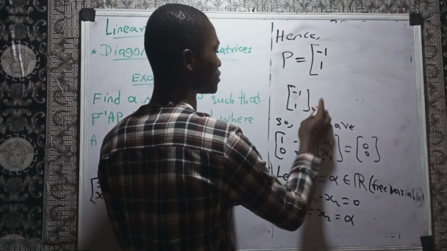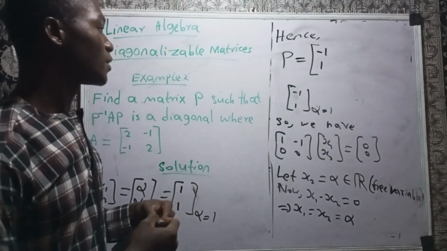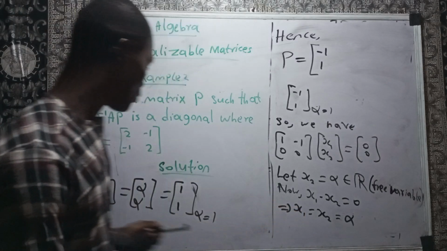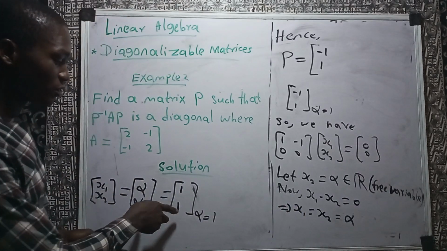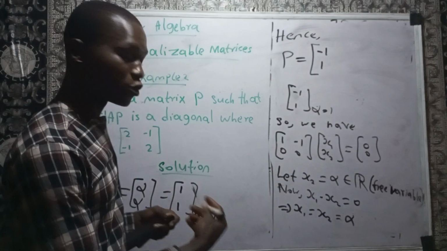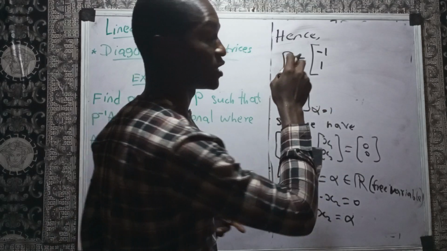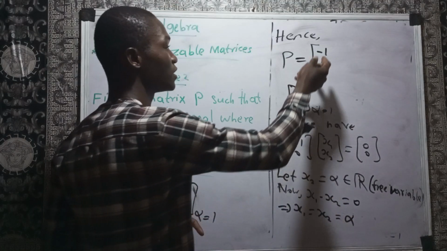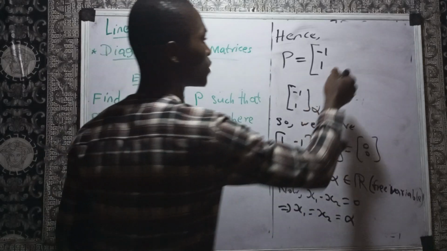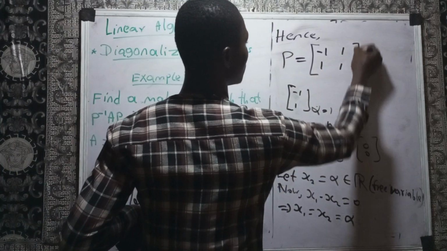At alpha equals 1, this is what we got. Then for lambda equals 1, that's this one we have solved. What do we get? We got 1, 1, right? That is a column vector having entry 1, 1.